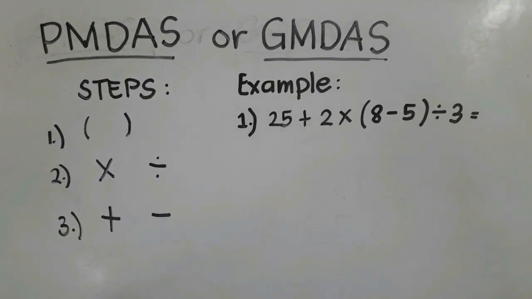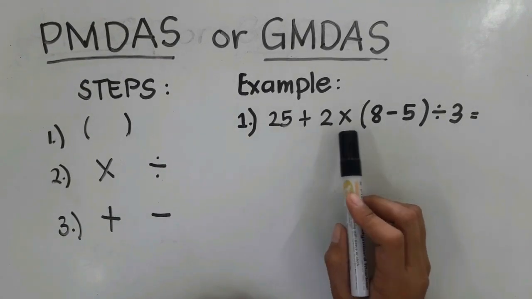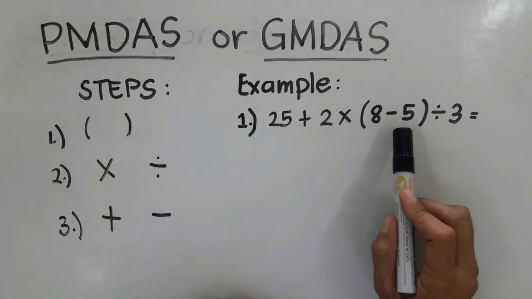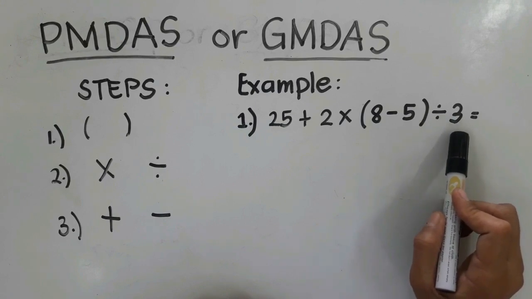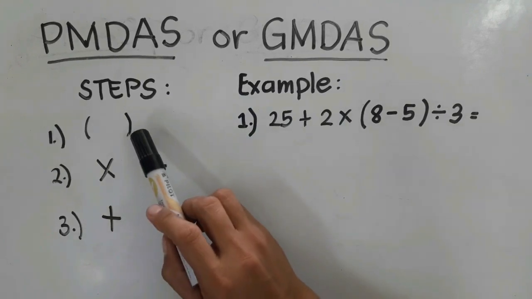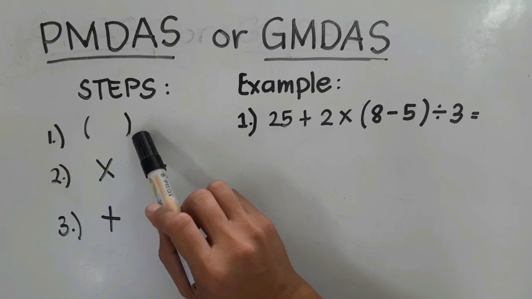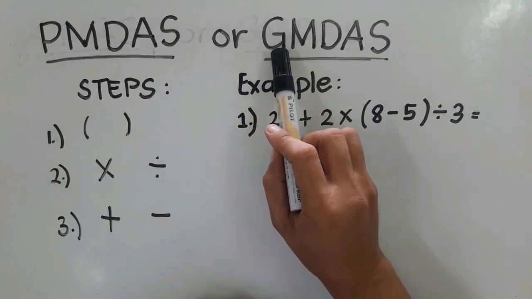So let's have example number 1. That is 25 plus 2 times the quantity 8 minus 5, divided by 3. Now, following the rules, what are we going to solve first? In step 1, we're going to solve first what is inside the parentheses, or what is grouped.